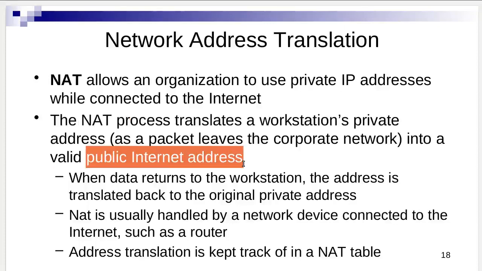So your organization has to have a public internet address. So everybody inside your local private network will end up using the same or similar public IP address or addresses.